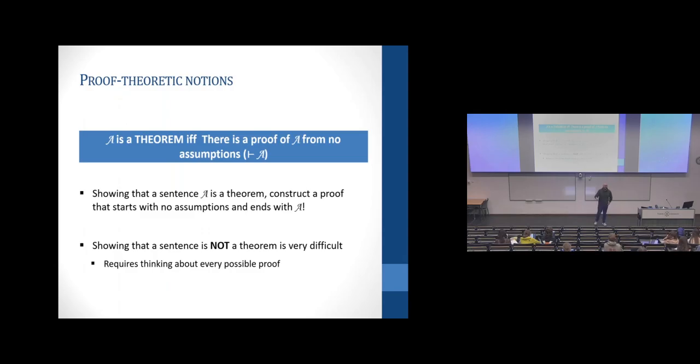What concept does this parallel? What's the kind of truth table defined or valuation defined notion that being a theorem is very closely like? Yeah, exactly. A tautology. If we remember, being a tautology is a TFL sentence that's true in every valuation.